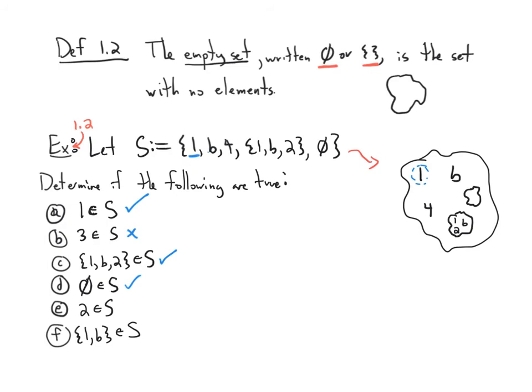So 2 is not an element. And for similar reasons, the set containing just 1 and b is not an element, because the set containing 1 and b also has a 2 in it here. So there's no way for me just to take out the set containing 1 and b.